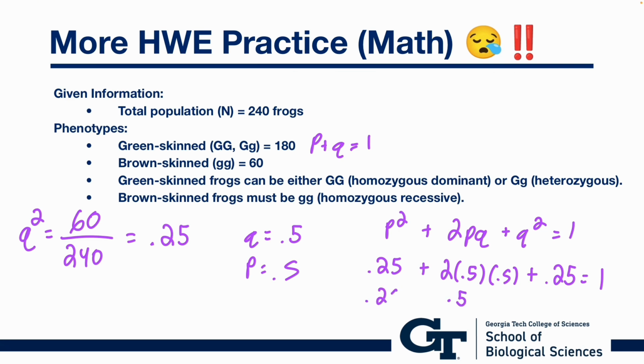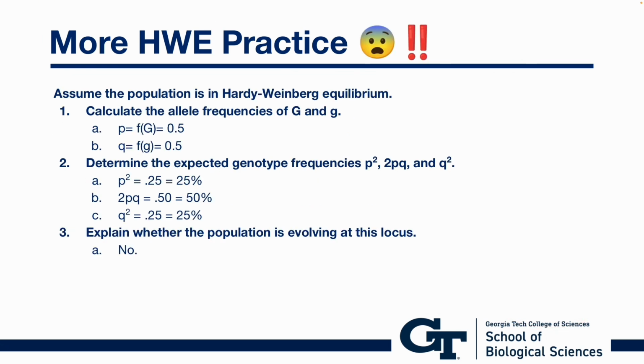So this definitely equals 1, so we know that our math is correct. Going back, this 0.25 is our homozygote dominant, this is our heterozygote, and this is our homozygote recessive. So we should have 25% homozygote dominant, 25% homozygote recessive, and 50% heterozygous. And look at this: P is equal to 0.5, Q is equal to 0.5, and then we have 25%, 50%, 25%.